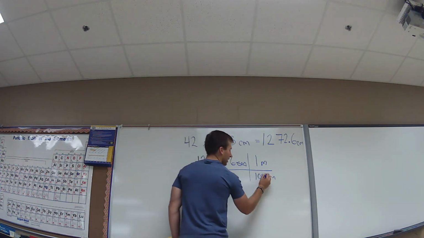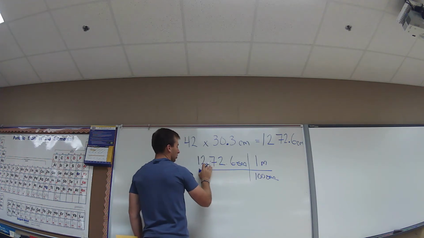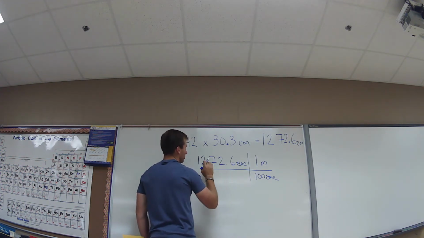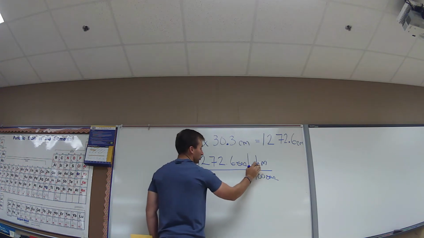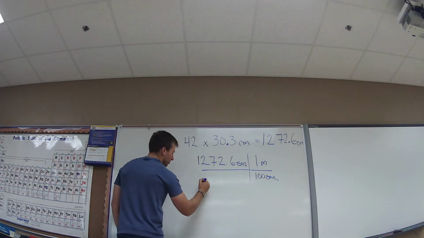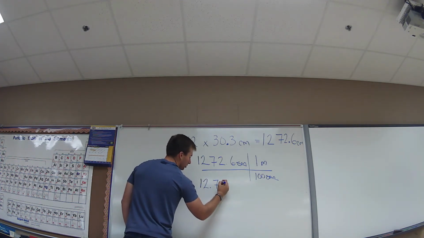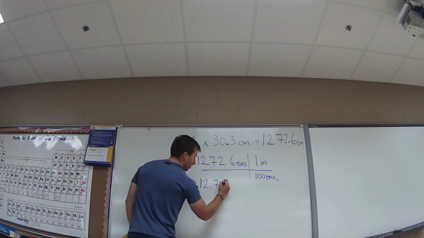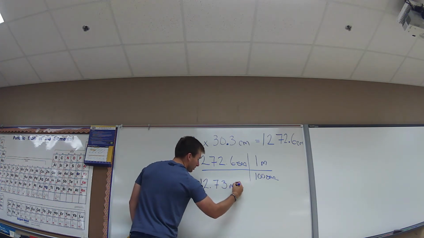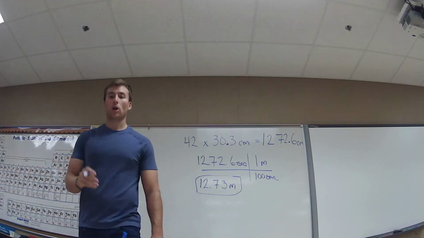Our units are able to cancel out as we divide, and we'll divide 1272.6 times 1 divided by 100, and we get our answer of 12.726, or 12.73 meters.